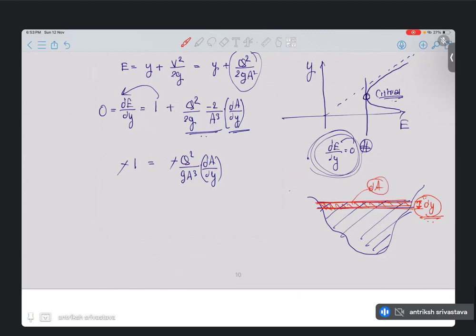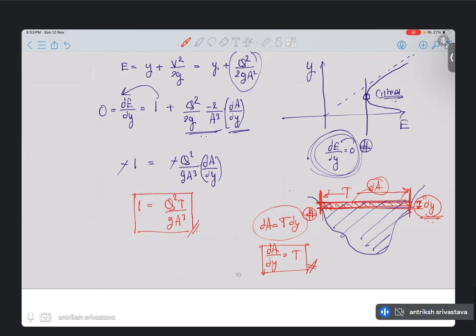So dA is going to be nothing but the top width of the channel into your dy. From here we can see that dA by dy is going to be equal to the top width. So 1 is equal to q square T by g A cube.